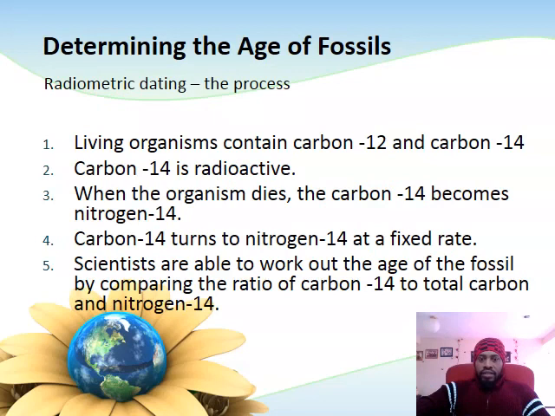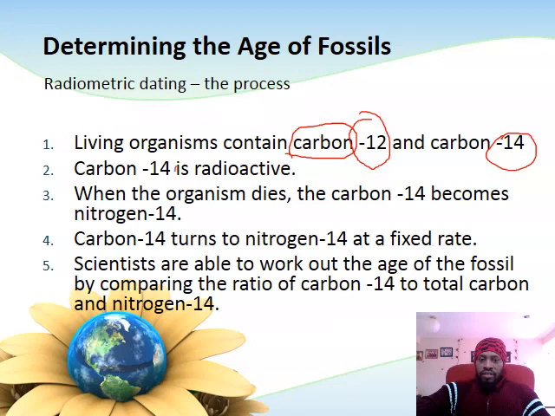Like I said earlier, we all have radioactive elements, living and non-living organisms. But living organisms are made up of organic molecules, and you will remember that one major element found in every organic molecule is carbon. And living organisms have two forms of carbon: carbon-12 and carbon-14.